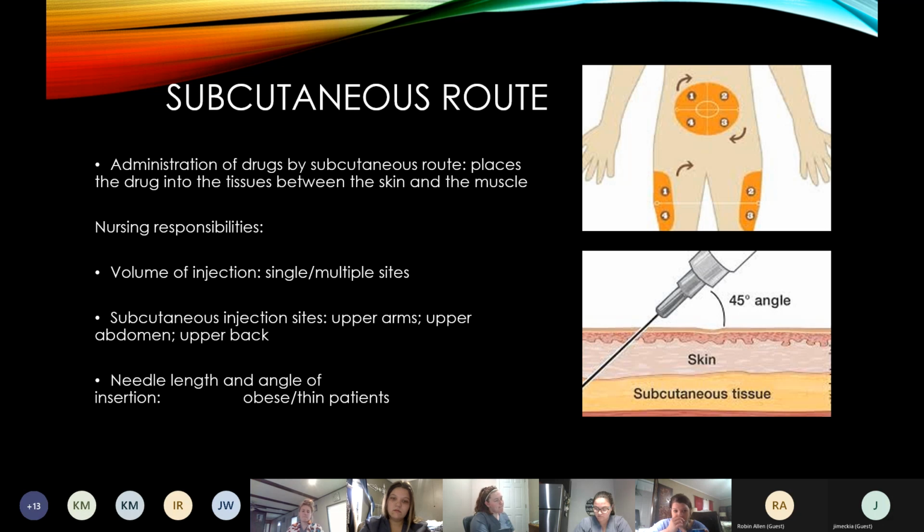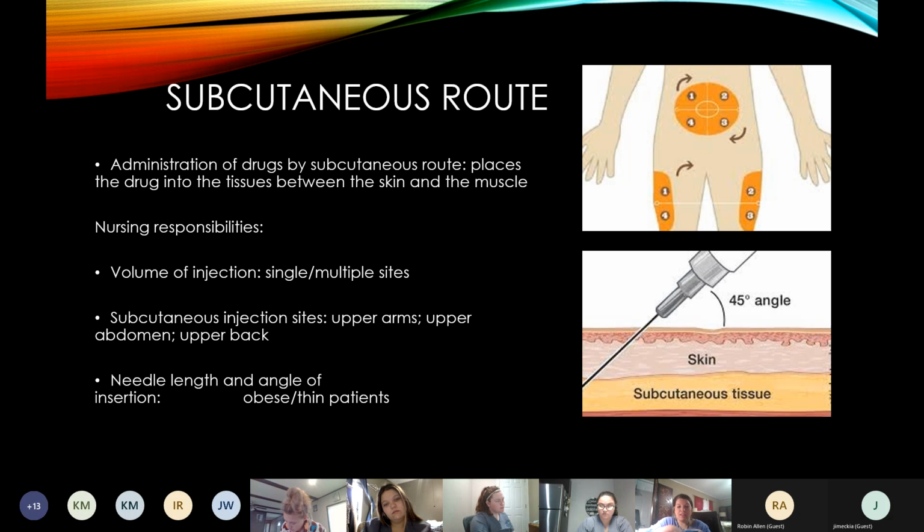Subcutaneous injection sites are the upper arms, the upper abdomen, and the upper back. That's what your book says. I've never seen anybody give a sub-Q injection in the upper back. I would, in place of that, add the outer thigh.